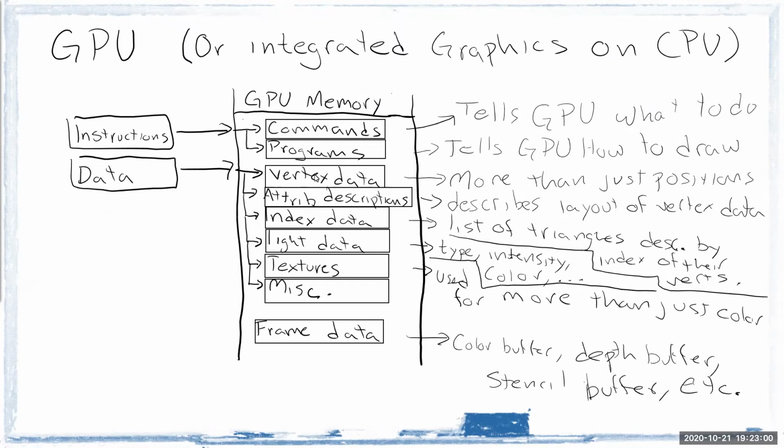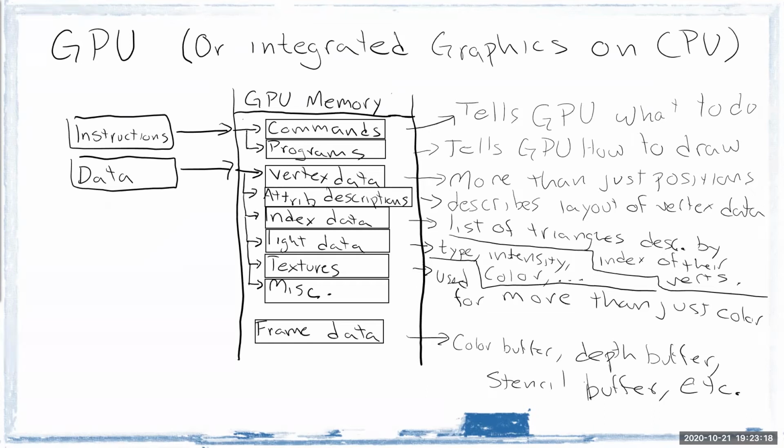The data that we give it is vertex data, which describes those points. But it's more than just positions. Vertices can also have things like normal values or UV coordinates for textures, things like that.